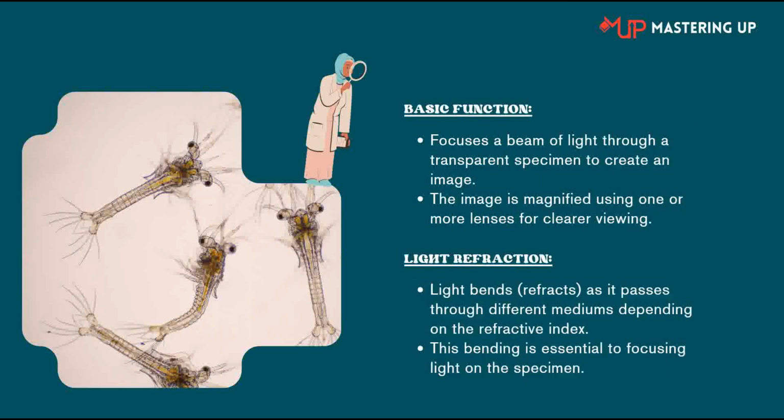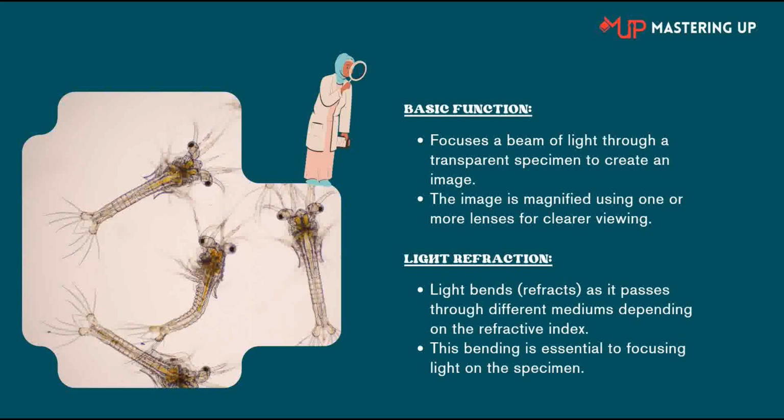Now let's see the basic function and the principles of the light microscope. The basic function includes the focusing of a beam of light through a transparent specimen to create an image. The image is magnified using one or more lenses for clearer viewing. Moving on to light refraction. Light refracts or bends as it passes through different mediums depending on the refractive index.